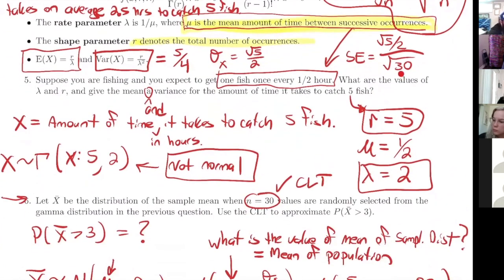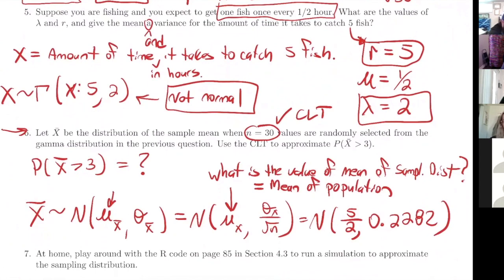So that's where this square root of 30 comes from, because the sample size was 30. So now we have a distribution, not for the population, but if 30 different people went out fishing and they all came back and said, this is how long it took me to catch 5 fish, we have a distribution for what we would expect the average of those times to be.